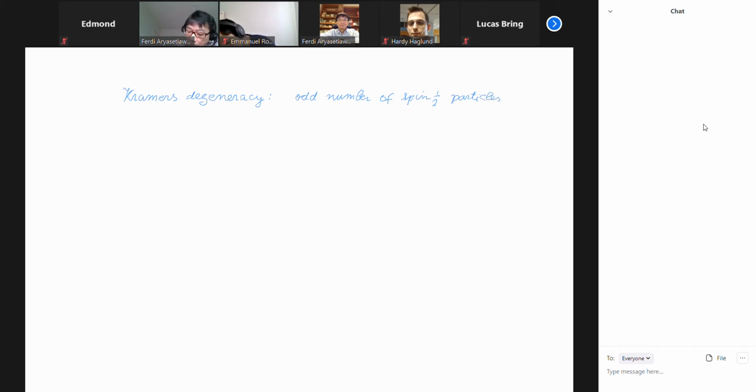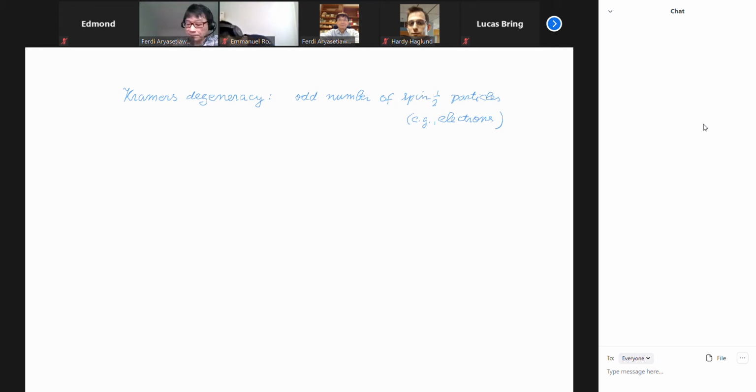So for example, electrons. So how do we see this? Well, if we have an odd number of spin-half particles, then the total angular momentum must be half integer, because this number is odd and the spin is half.